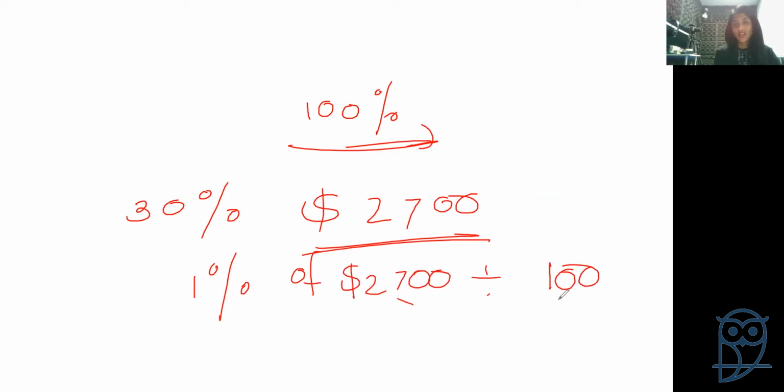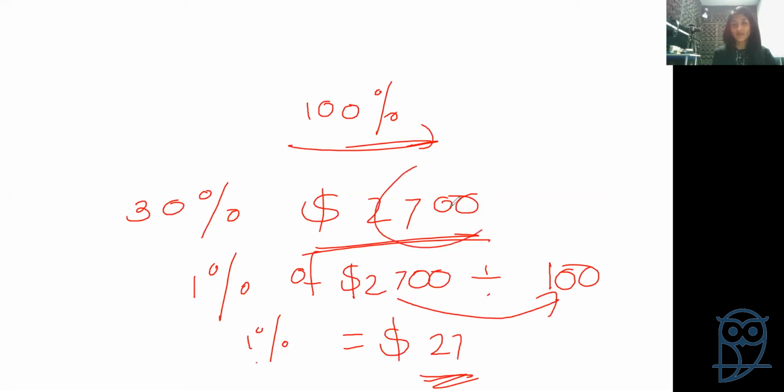When I divide 2,700 by 100, my 1% is going to equal $27. So now that I've established what's 1% of the amount, it's going to be easier for me to work out 30%. And how do I work out 30%? I multiply by 30. And if I multiply $27 by 30, my answer should be $810.